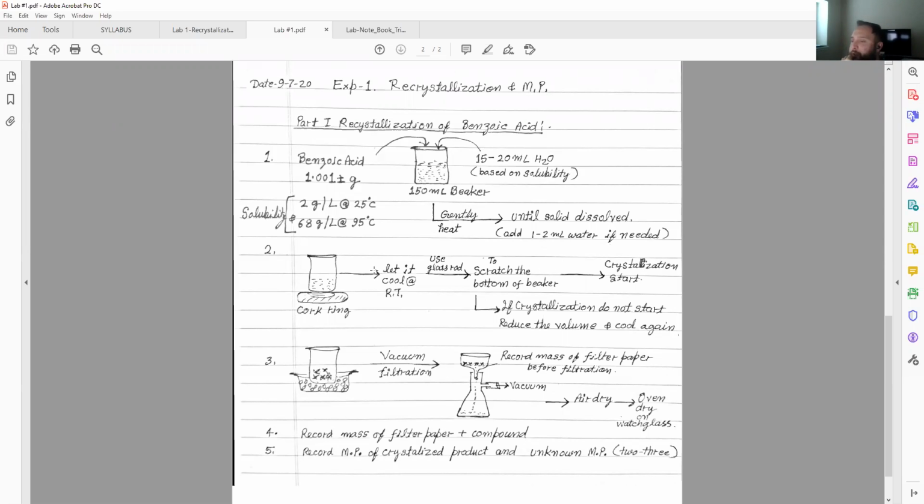There's also things like add 1 to 2 mL of water if needed. I'm pretty sure that's in the lab manual, but I won't take off any points if you don't add things like that. I don't want you to do a flow chart like this for this lab specifically, but in the future, you don't have to add nuances like that or based on solubility, just add the amount that you calculated.